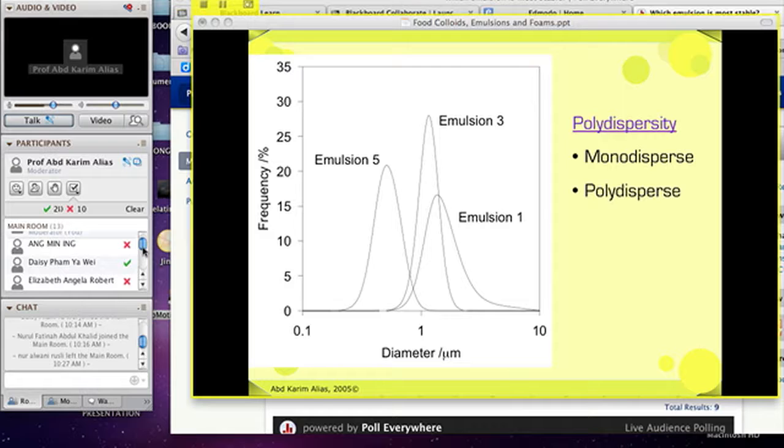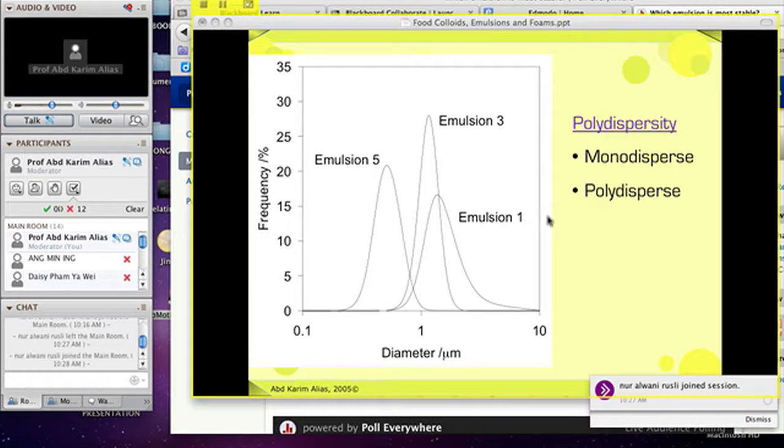Okay, yes or no? The question is, after you leave the emulsion for 1 hour or even 2 hours, would you observe the same kind of distribution again? Okay, most of you. Alright, what about Yongsheng? I don't get your answer. Yes or no? Alright, good. Yes.